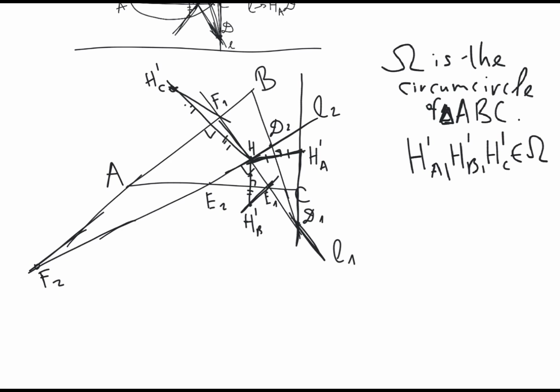Now, when we draw these lines, D1 HA prime, E1 HB prime, and F1 HC prime, these three lines must intersect at a single point, and this point lies on the circumcircle as well. So let's denote this intersection point. Somewhere here. So this is the intersection point.